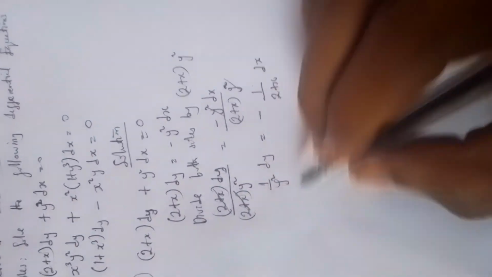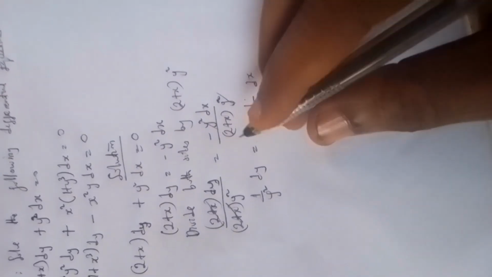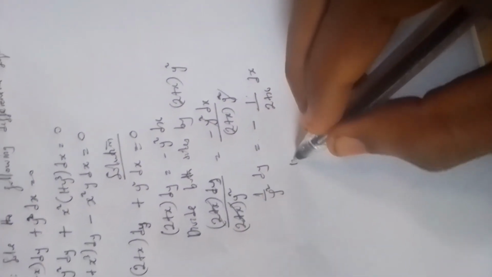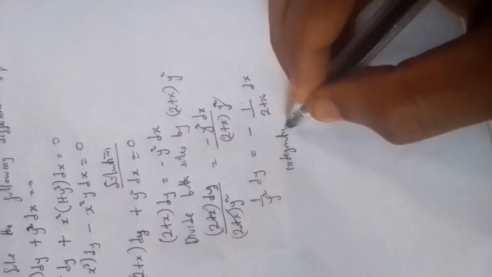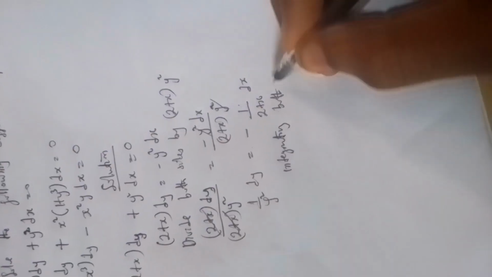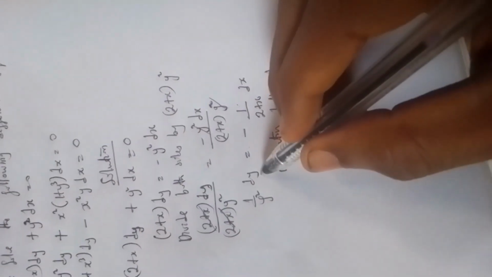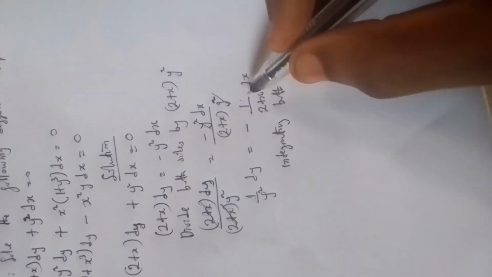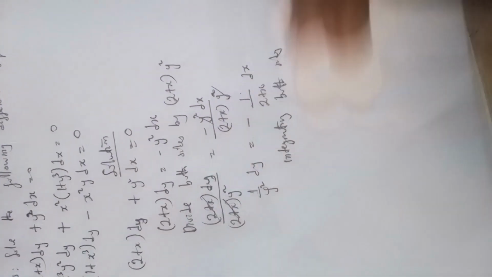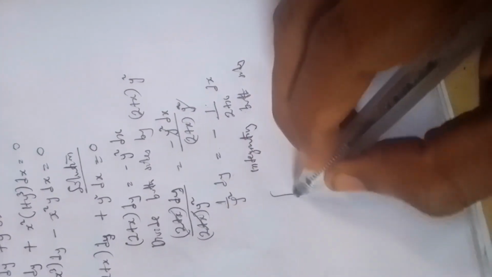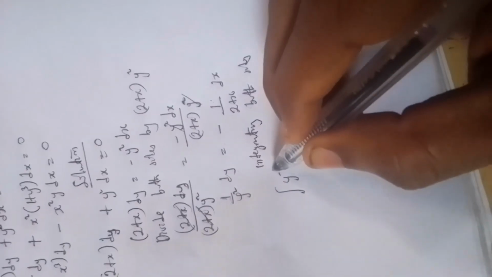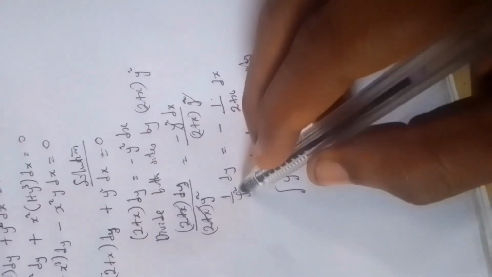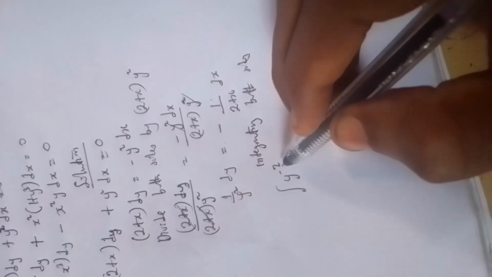So I want to solve this. I want to integrate both sides. Can you see that my dy is here, my dx is here, and every variable of x is here, every variable of y is here. So if I want to integrate this, I convert 1 over y squared to y raised to power minus 2.